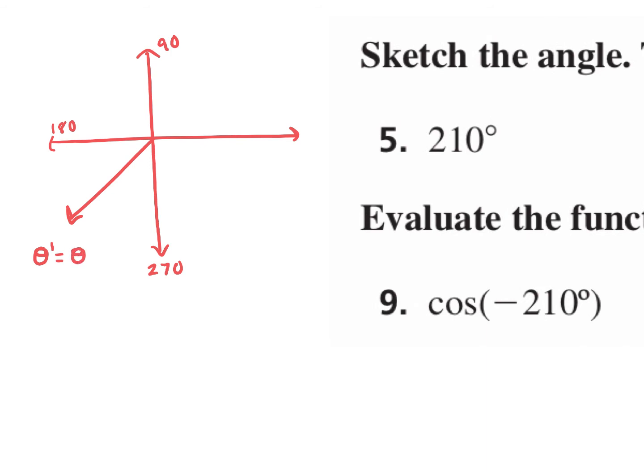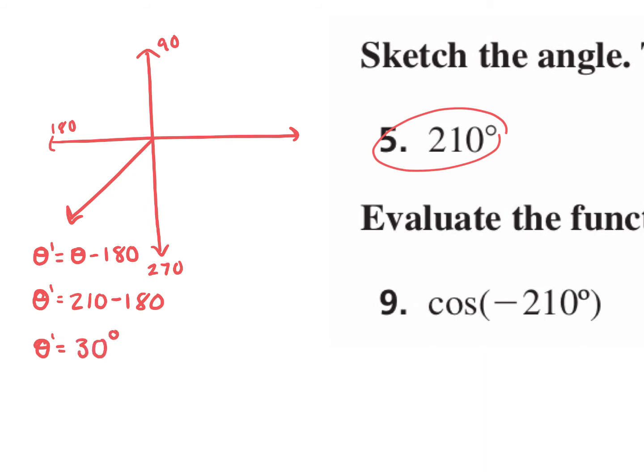Theta minus 180. What's our theta? 210. So 210 minus 180. What's 210 minus 180? 30. So our reference angle is 30 degrees.